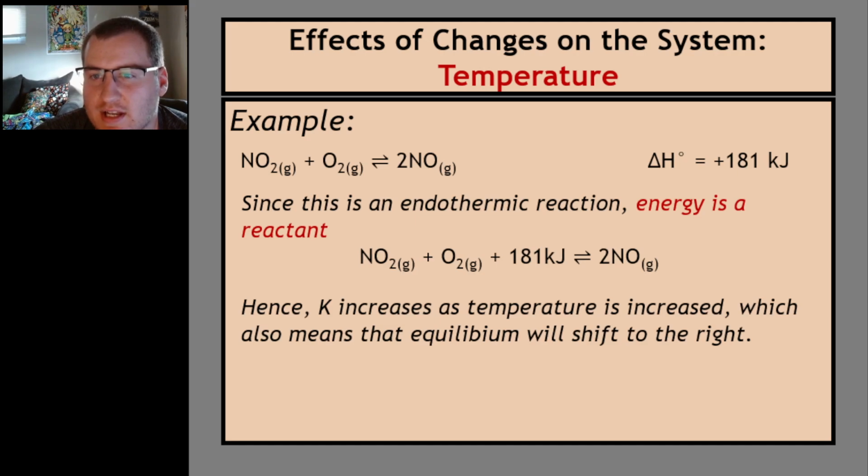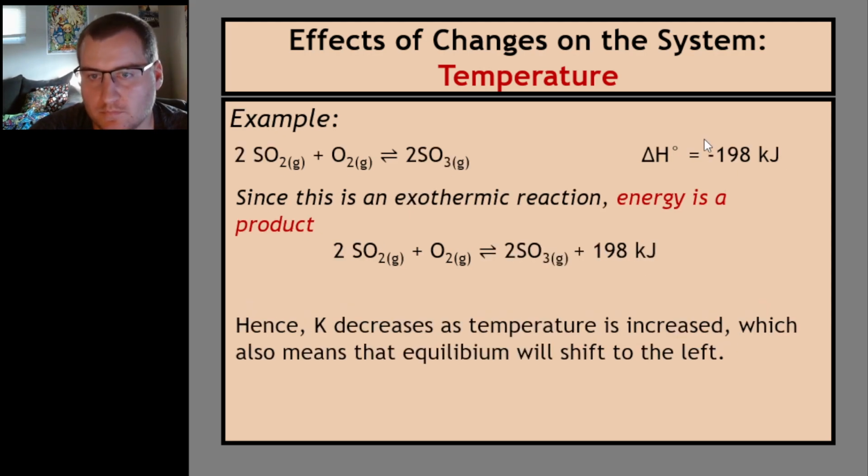Since this is an endothermic reaction, energy is a reactant. They put the exact number in this PowerPoint, but it doesn't matter. Just the word heat works for me. K increases as temperature is increased, which also means the equilibrium will shift to the right. If it's a negative number, that just means the opposite.